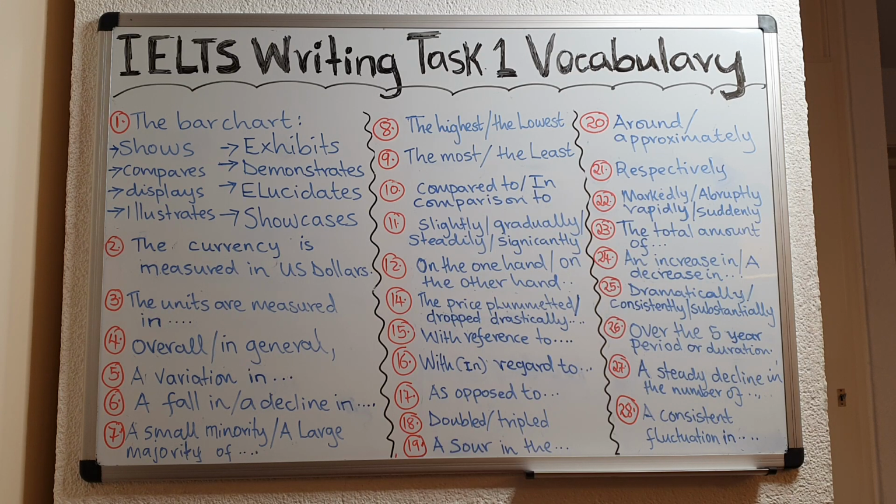Now, tripled means that it's 3 times more. So double means it is 2 times more, but triple means it is 3 times more. So let's say, for example, today I give you $10 for your pocket money, and tomorrow I give you $30. So I have tripled your pocket money. So you can use this in an expression by saying, in the year 2020, the student population doubled.